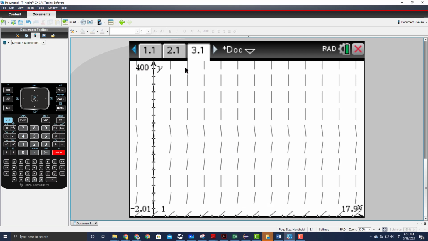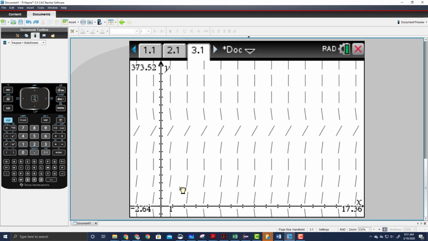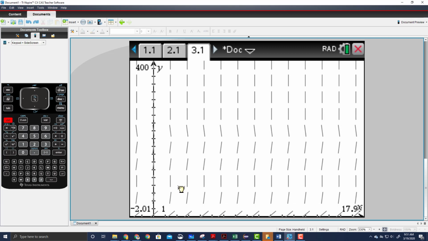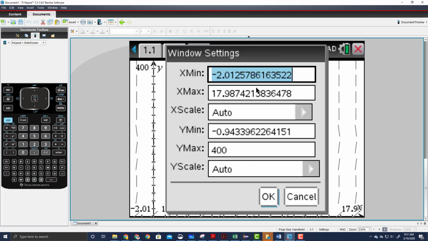Okay. All right, so it looks like I have 400 deer here. Let me go to negative 20 here. Whoops, I didn't want to do that. That's about 370. Let me actually just go to Menu, Window Zoom, Window Settings.